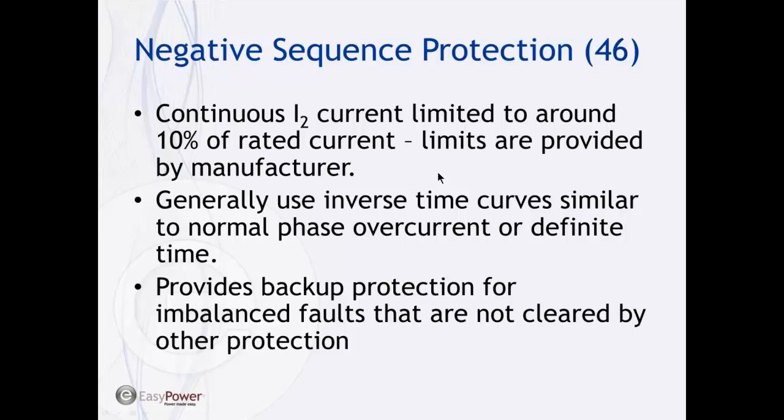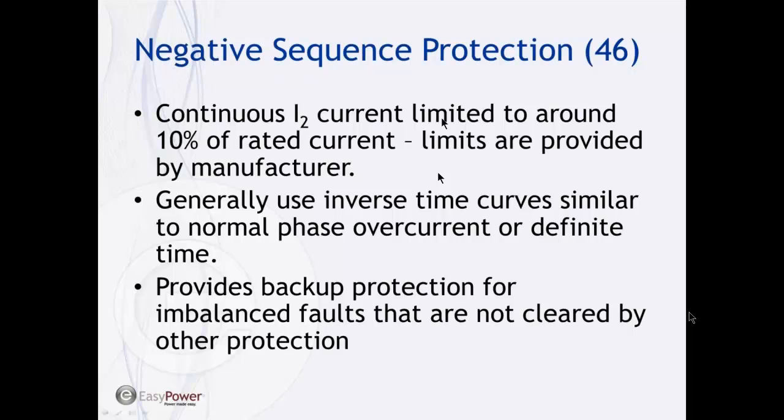In the IEEE guides, they have some recommendations for different types of machines, but ideally you would get this from the manufacturer. So you can use inverse time curves similar to normal phase overcurrent, or you can use some kind of a definite time where it's above a certain value for a certain amount of time it's going to trip. So there's usually two levels of protection that you're going to provide.